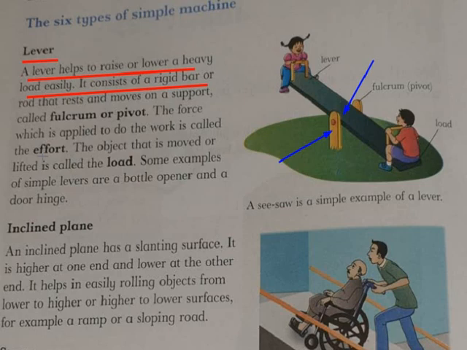Understand? In this picture, this is the fulcrum. Why? Because this is a pivot. Pivot is also fulcrum, same thing. This is actually a support, and this rod, this lever, is moved with the help of the fulcrum.